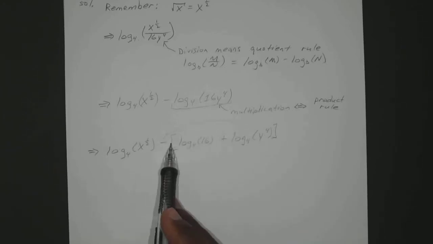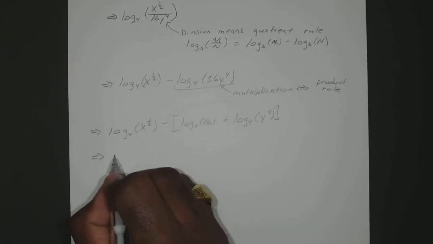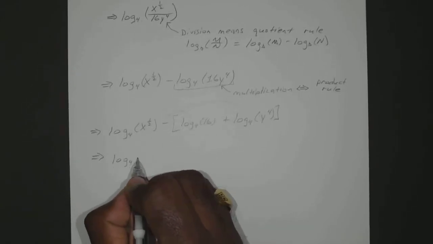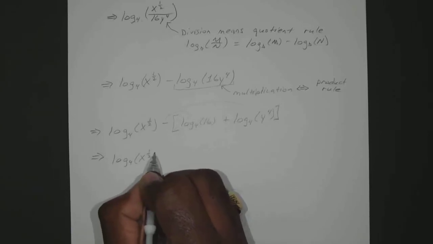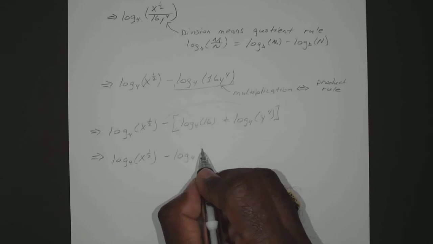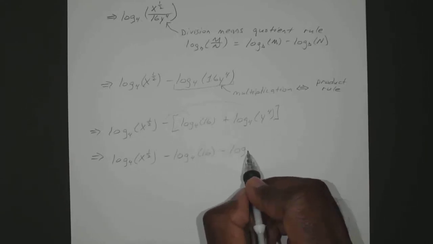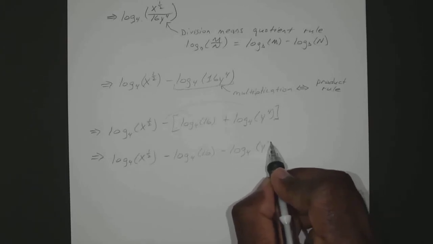So if you wanted to get rid of those brackets, just distribute your negative. So you have log base 4 of x to the 1/2 power minus log base 4 of 16 minus log base 4 of y to the fourth.